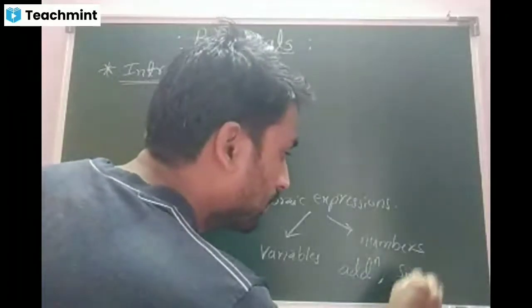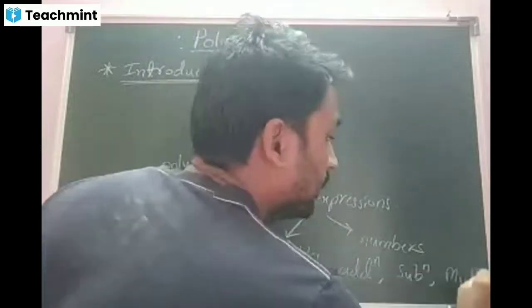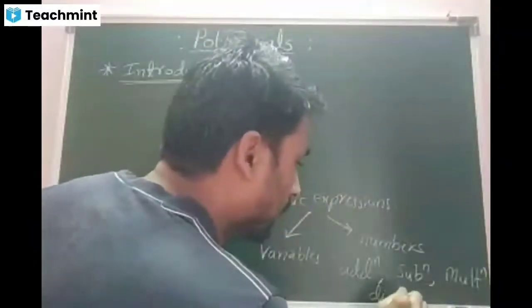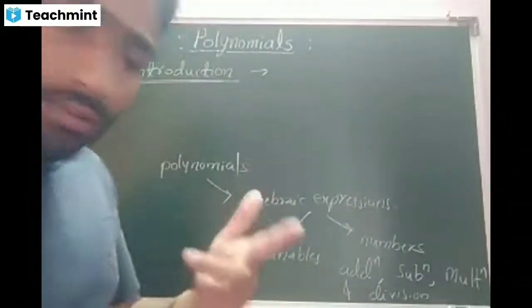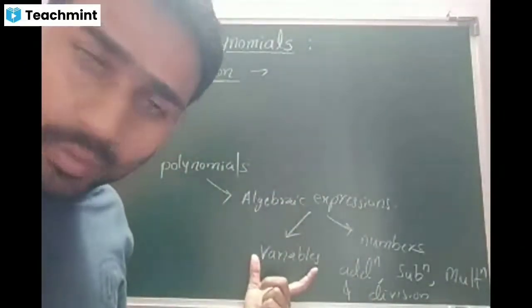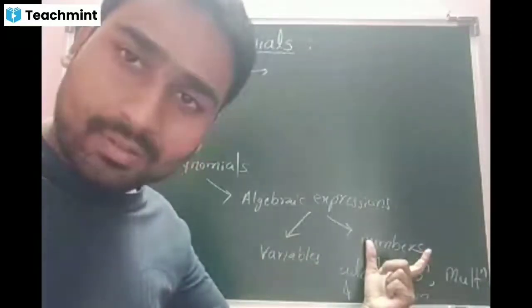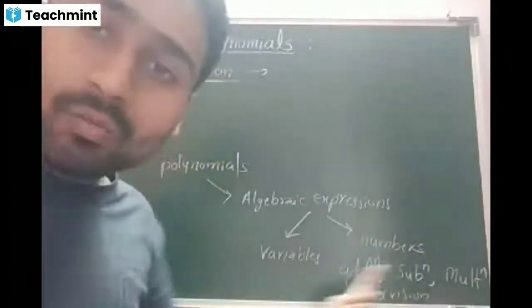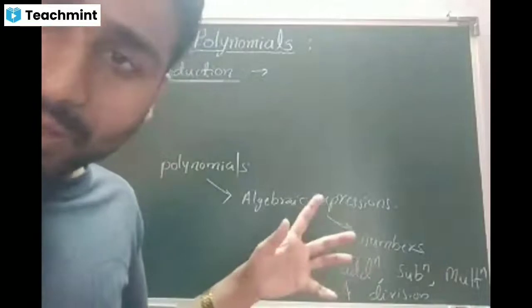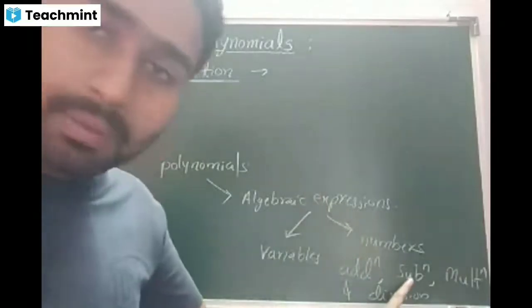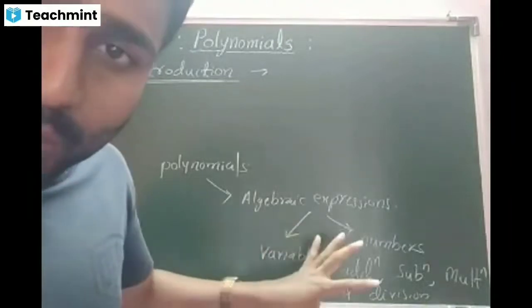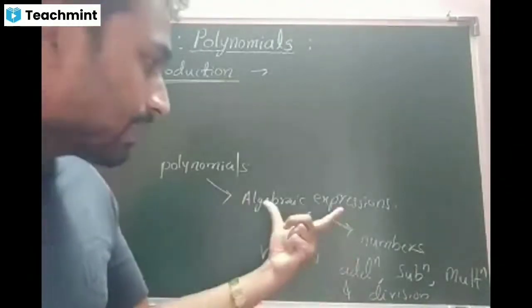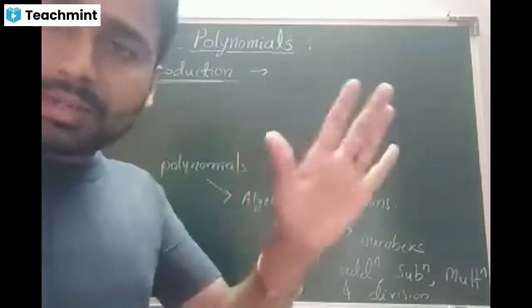Addition, subtraction, multiplication, division. Whenever you connect variables with numbers using certain fundamental operations of arithmetic, it may be addition, subtraction, multiplication and division, you get a mixture that we call an algebraic expression. Is that clear, beta?